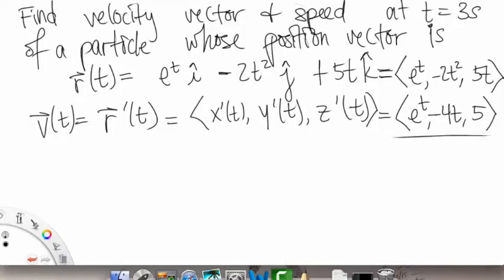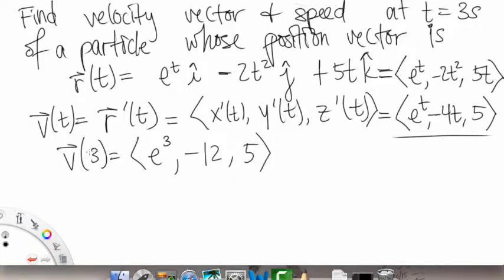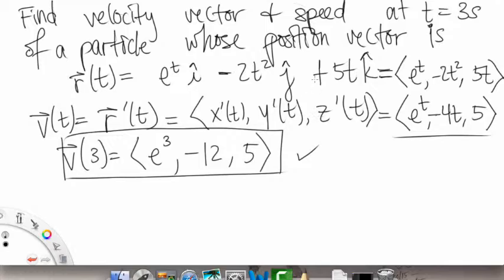This is the general formula for it, but we have to find it at t equals 3 seconds. So we're just going to plug in a 3 for the t spot. Then we get e to the 3, or e cubed, and then negative 4 times 3, so that'd be a negative 12, and then a 5. Okay, so we found the first part. This is the velocity vector evaluated at 3.